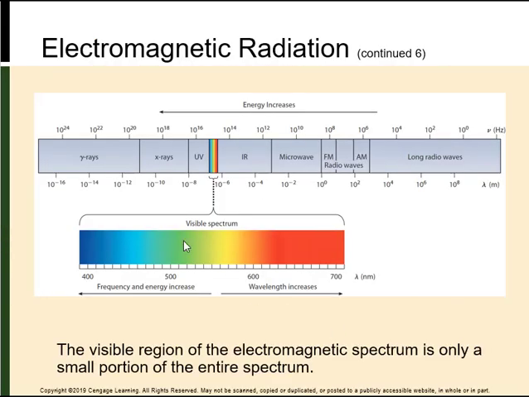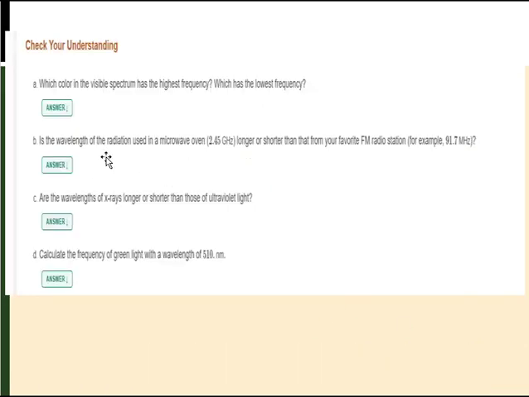So for that first question, which color in the visible spectrum has the highest frequency? As the energy increases, our highest frequency would be violet. And the lowest frequency will be red. The second question: the wavelength of the radiation used in a microwave oven is shorter than that of FM radio.